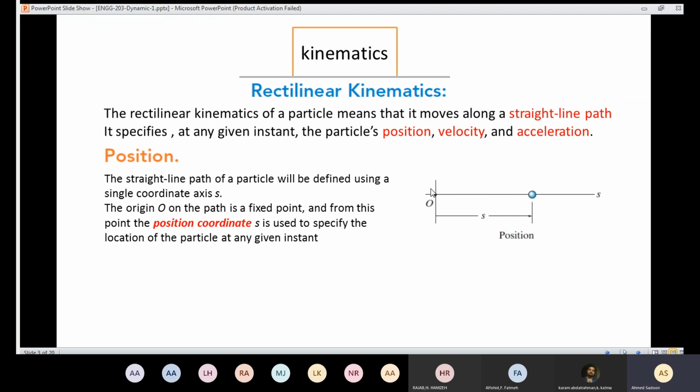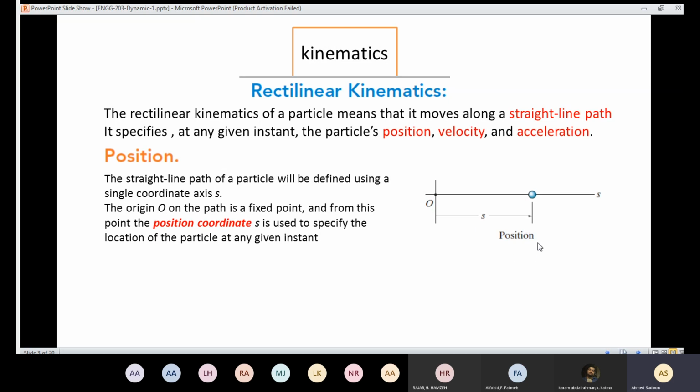The particle is going to move along that axis S. That is why here we said we have rectilinear kinematics. We are going to study the motion of the particle along a straight line path. So that particle is going to move only along that line. This direction is going to be positive, and of course this direction is going to be negative.